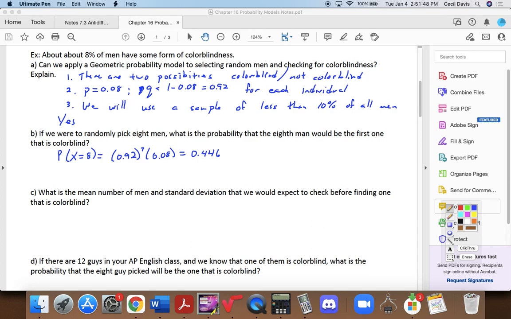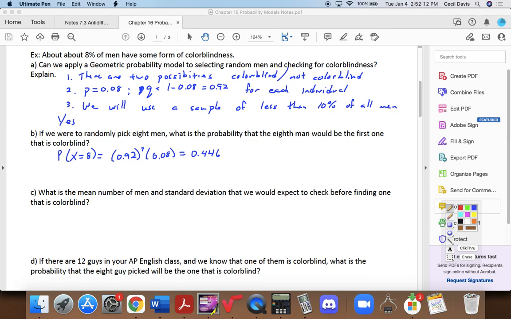Is it low because you would have picked one already? Or is it low because you probably haven't gotten one yet? Well, let's do part C, and I think that'll help answer that question. So it's not particularly low. It's almost a 50% chance.